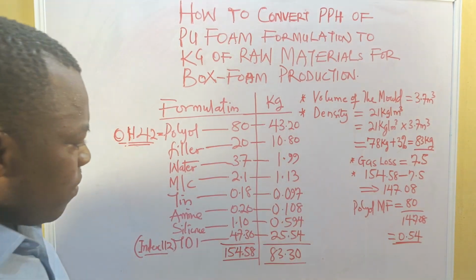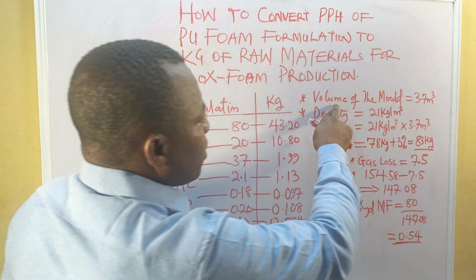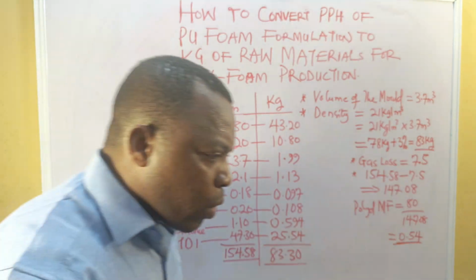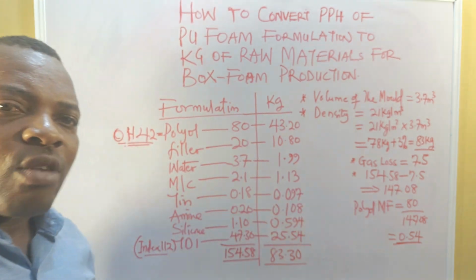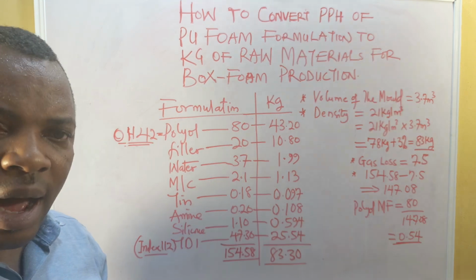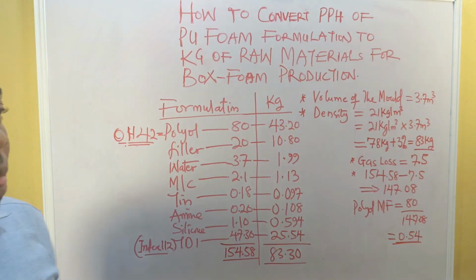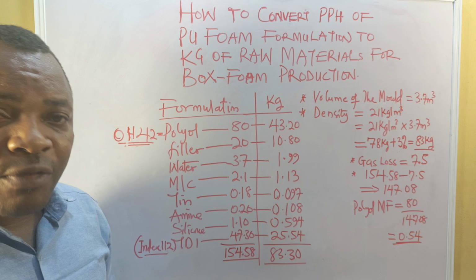Having done this, now you need to first look at the volume of your mold, because in a box foam you prepare a mold. The mold varies in terms of the size of mattress you want to produce. 6 by 6, 4.5, for example. If it's a 4.5 mattress, it means the mold length would be 75 by 54.